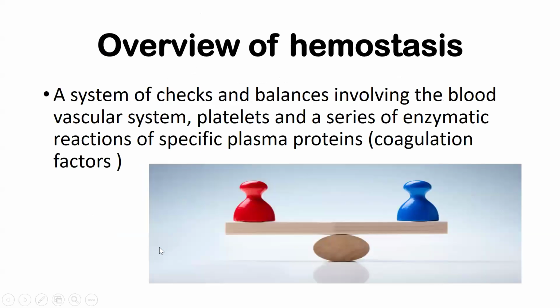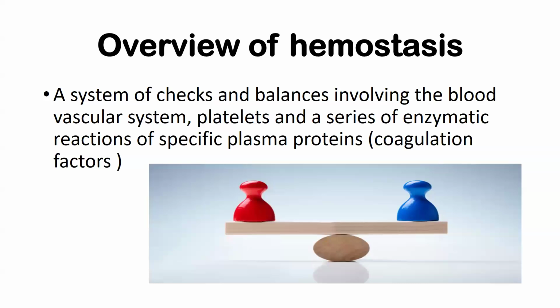So basically, before we do the lab diagnosis, we need to know what happens in our bodies. So we'll have to start with an overview of hemostasis. A simple definition is that hemostasis is a system of checks and balances which involves the vascular system, the platelets, and the enzymatic plasma proteins.